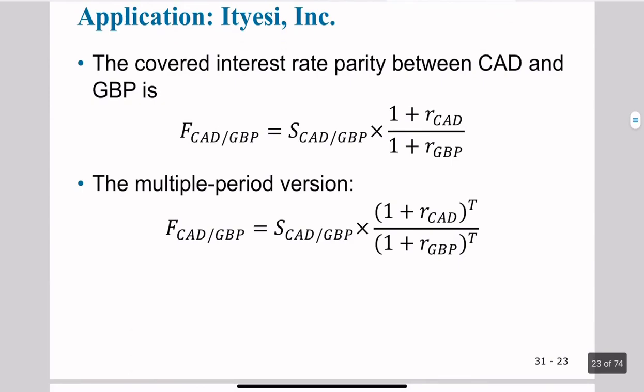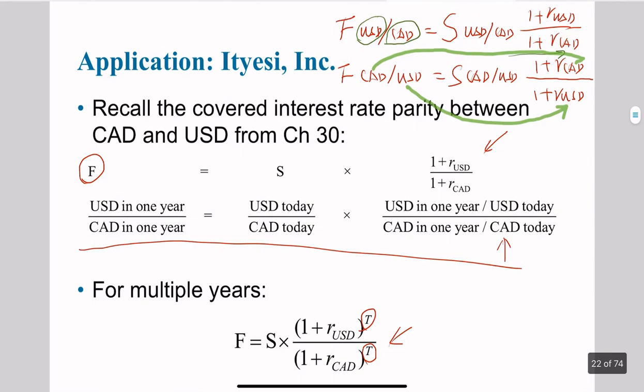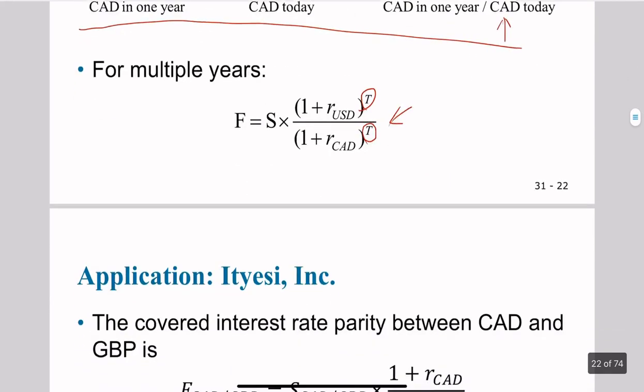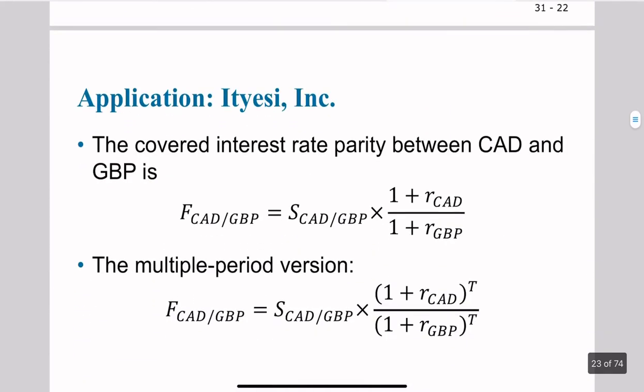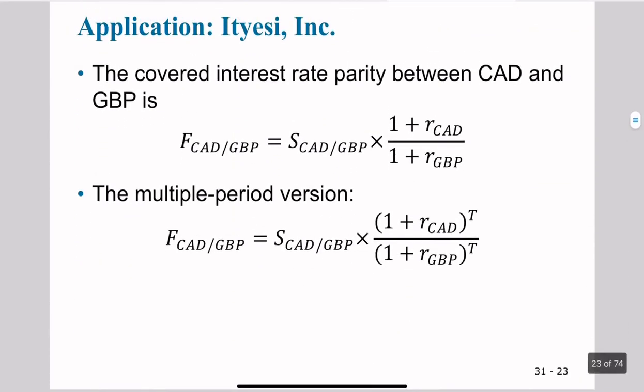Okay, now we have to move from the version we have learned in chapter 30 to the version in chapter 31. The reason is that in chapter 30, as I said, we discussed the exchange rate between Canadian dollars and US dollars. But here, we're thinking about Canadian dollars and British pounds, right? So we have different currencies.